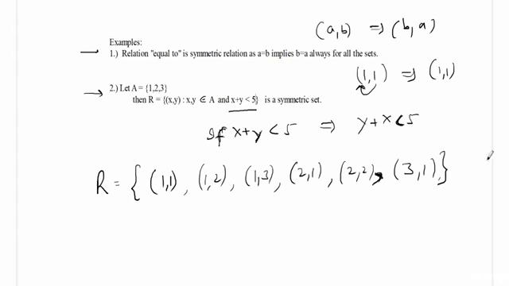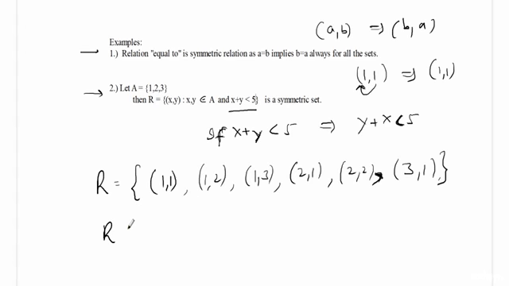So this will be the relation R which satisfies this. Here you can see that if 1 is related to 2, then 2 is also related to 1. If 1 is related to 3, then 3 is also related to 1. Here 1 is related to 1, but we cannot write (1, 1) again, because another (1, 1) or another (2, 2) would actually be the same element, so we don't have to repeat them. We can just write them once.